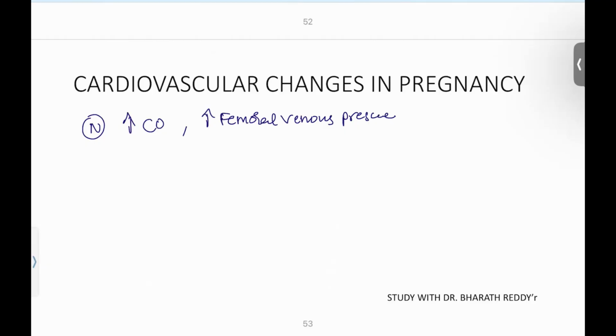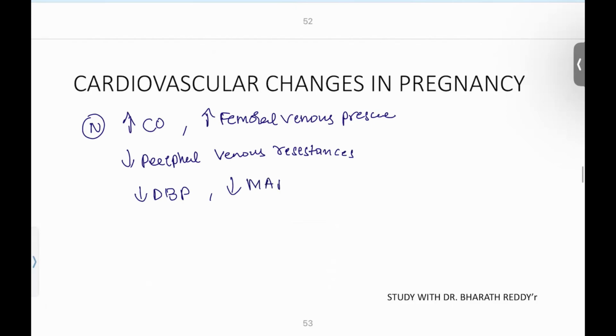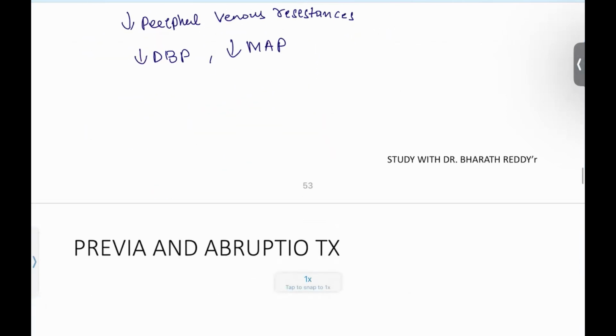Then the patient will have decreased peripheral vascular resistance, and diastolic blood pressure is decreased. If the diastolic blood pressure is decreased, mean arterial pressure is also decreased in this patient. And what does not change? JVP is normal. It does not change.